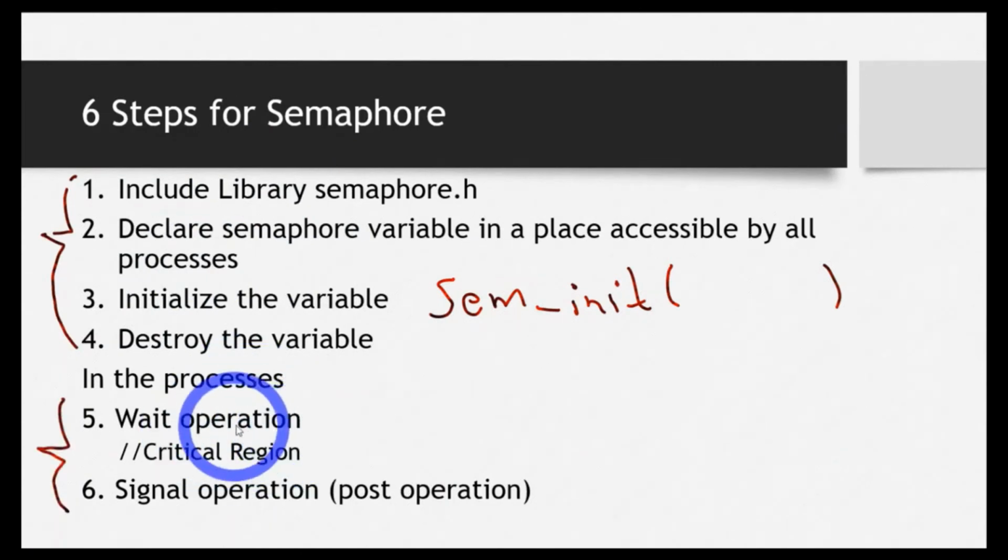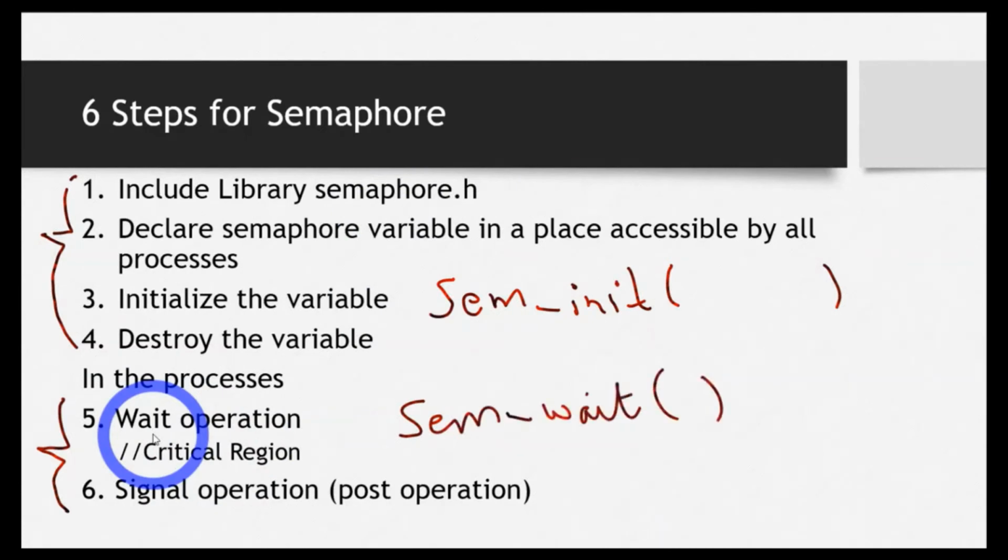So in the process or in the thread, you have to make sure that wherever you use the critical section, call the wait operation before it and call the signal operation after it. So the function call in the library semaphore.h for the wait operation is sem_wait, right? And the function call for the signal operation is actually a little bit different. It is sem_post.